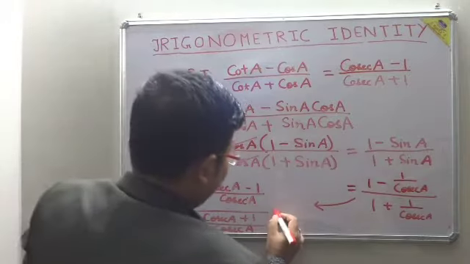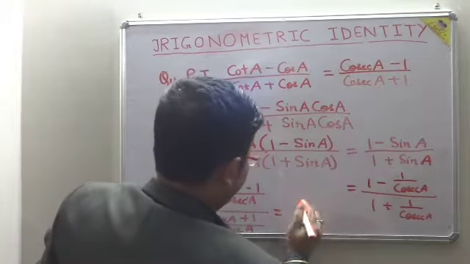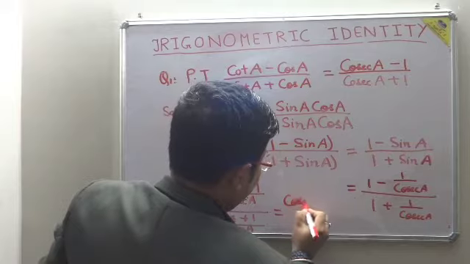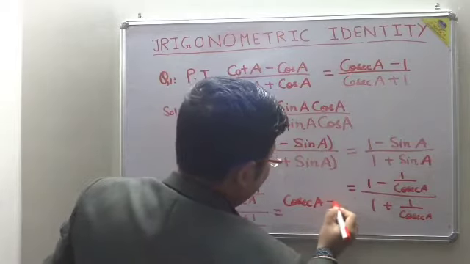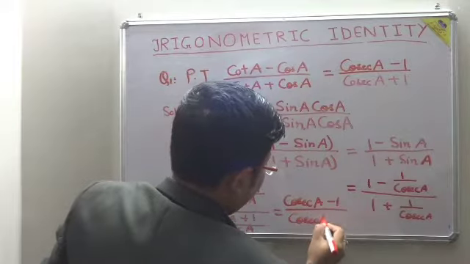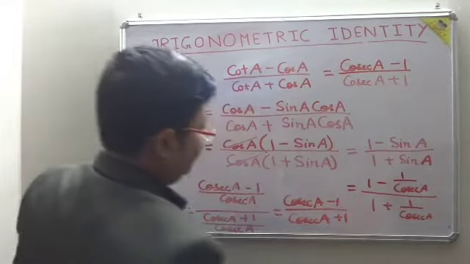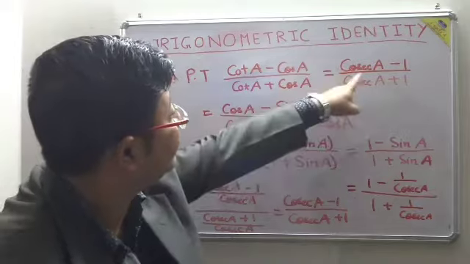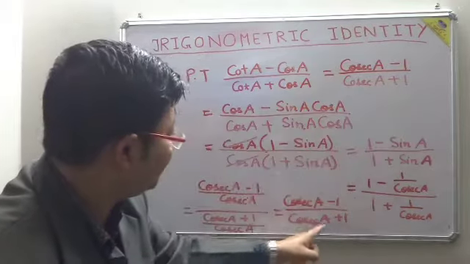So our answer will be cosec A minus 1 divided by cosec A plus 1. Is it clear? Equal to RHS, cosec A minus 1 divided by cosec A plus 1.